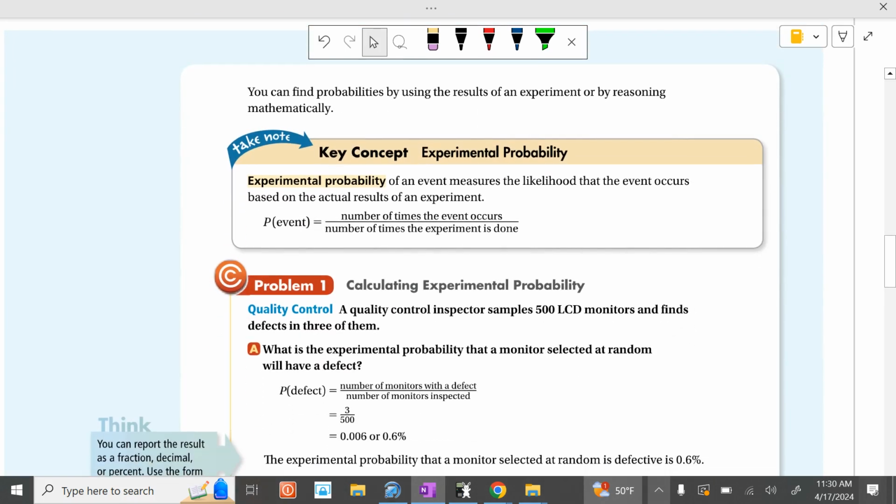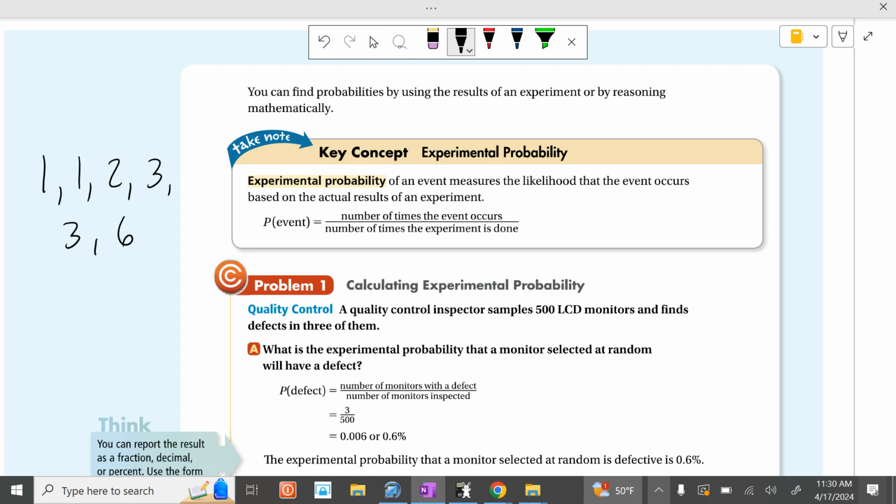So there's a difference between experimental probability and theoretical probability. Experimental probability is like I roll a die. Okay? How many sides are there on a die? 6. So let's say I roll a 1, a 2, a 3, a 3, and a 6.